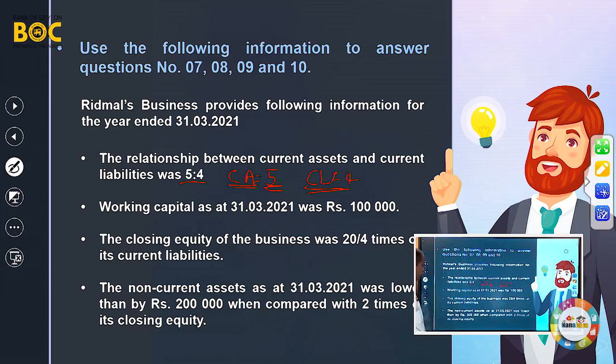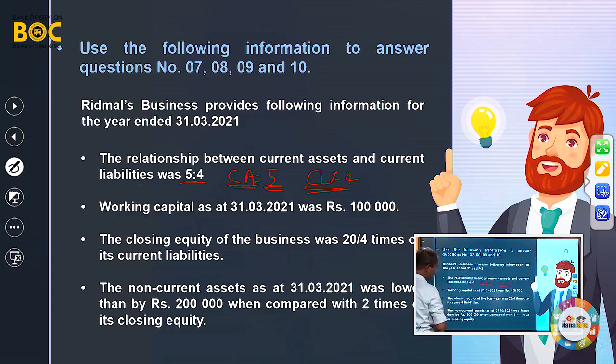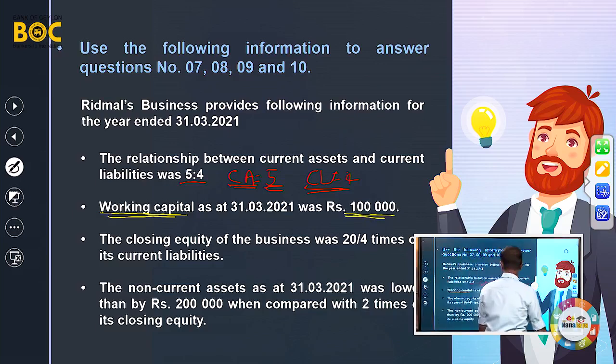The second point, working capital. The working capital of this company is 100,000 rupees. How can you calculate working capital? Current assets minus current liabilities.